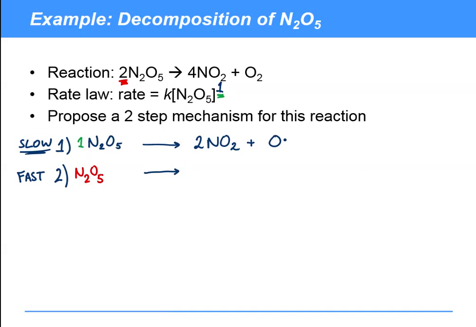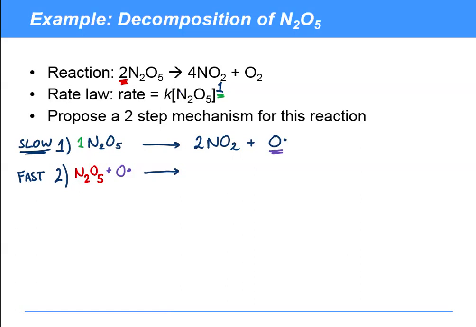What else do I need to make sure is in this step? I've made an oxygen radical here, so I'd better make sure that I use that oxygen radical up, otherwise this mechanism would overall produce oxygen radicals, which the overall equation doesn't. So let's add an oxygen radical. That should account for all my reactants.